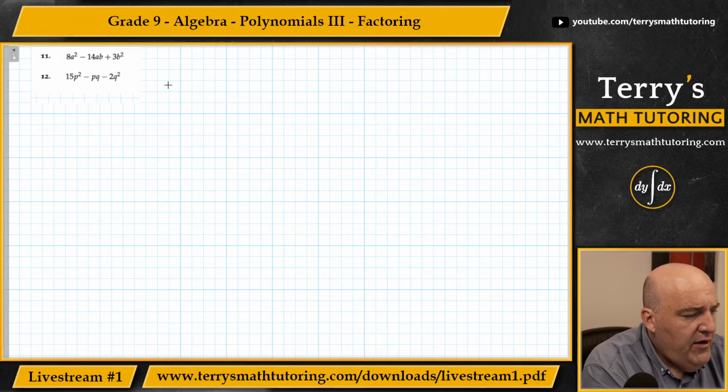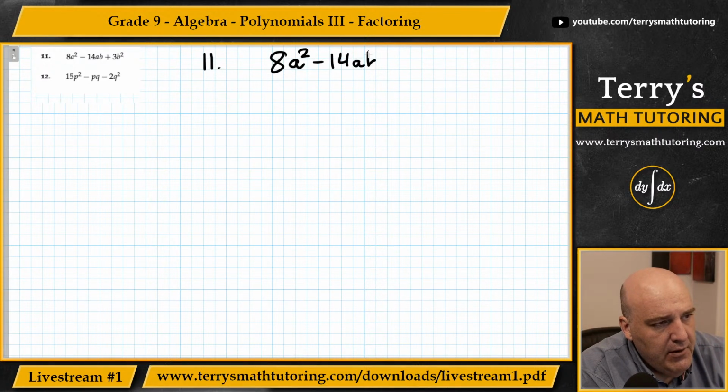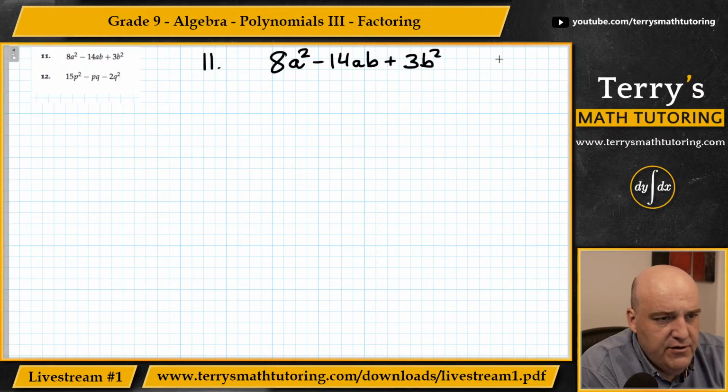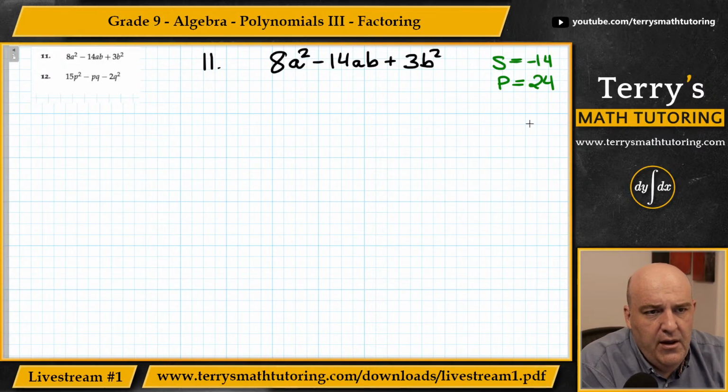So again, we have two variables, but it's no different. Don't be intimidated when there's two variables like that. We're just going to solve the sum and product again. Sum is negative 14. And the product, 8 times 3 is 24. What's going to work here?